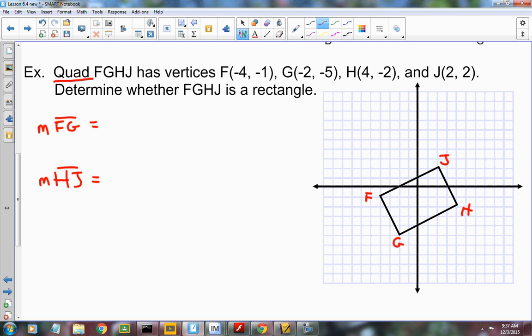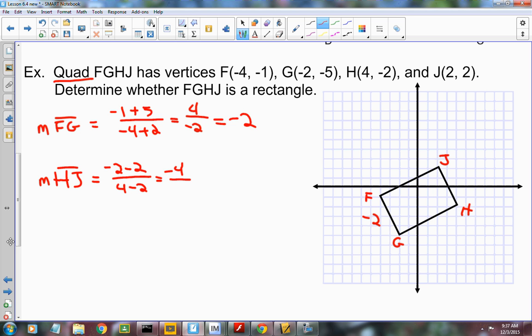The slope is -1 minus -5 over -4 minus -2, and that gives you 4 over -2, which is -2. Then I'm going to look at HJ: -2 minus 2 over 4 minus 2. That's -4 over 2, which is -2. So that tells me that these are parallel, right?